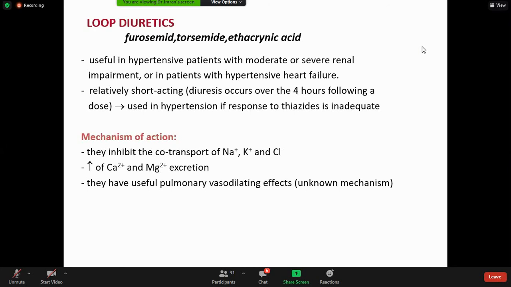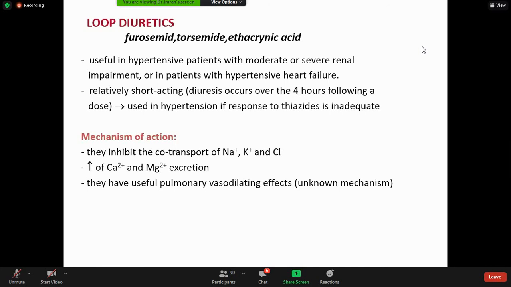is related to calcium. Thiazide diuretics inhibit the excretion of calcium, or in another way you can say they enhance the reabsorption of calcium, so ultimately it increases the blood level of calcium. But loop diuretics enhance the excretion of calcium.